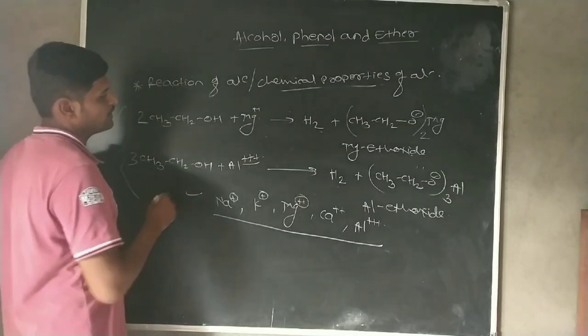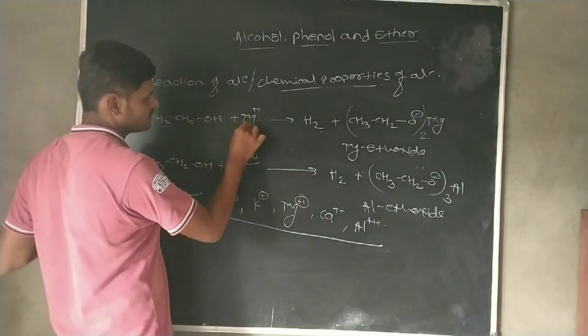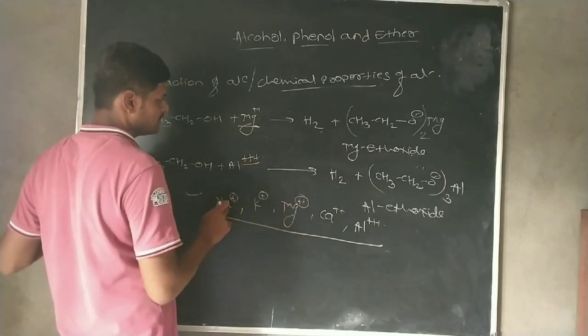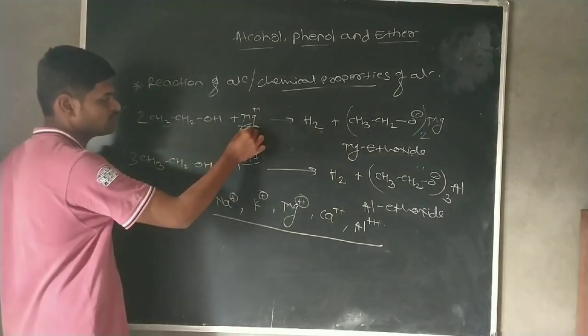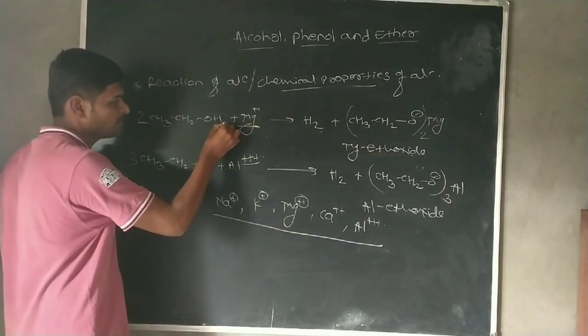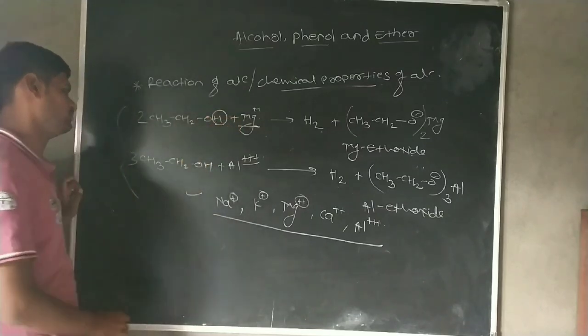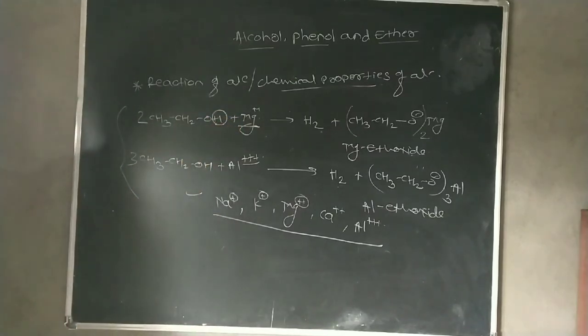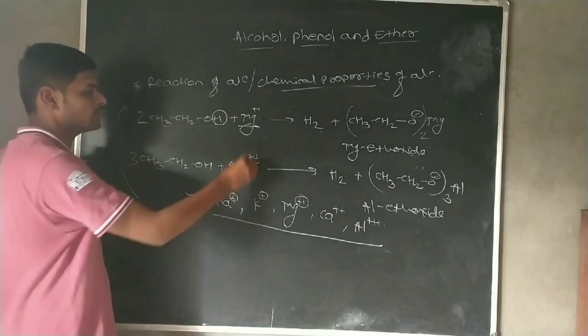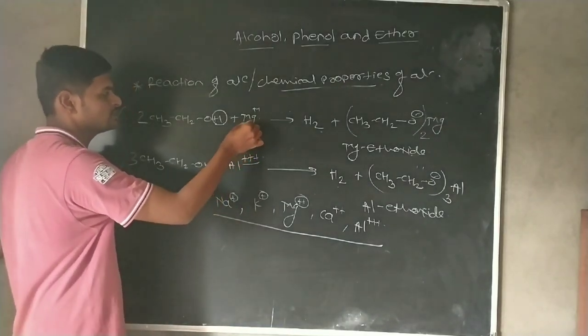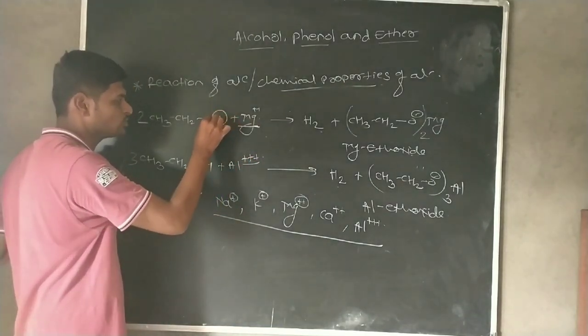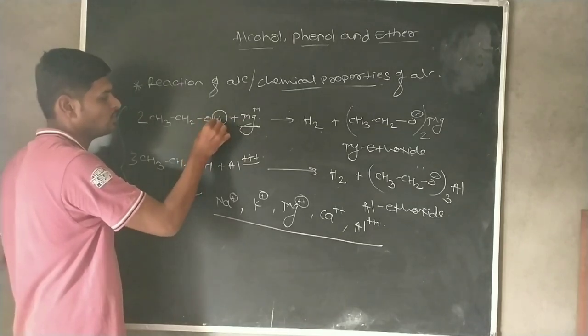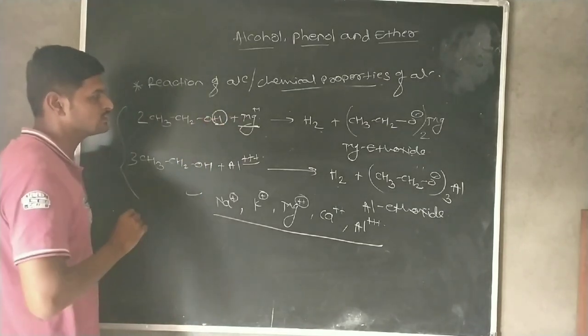One of the most important points is that when magnesium or any other metal is reacted with alcohol, the metal replaces the hydrogen atom of the hydroxyl group.